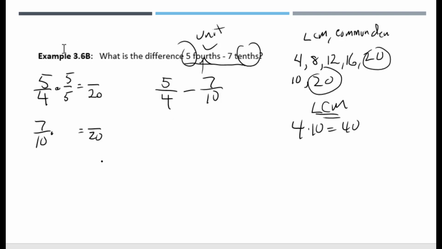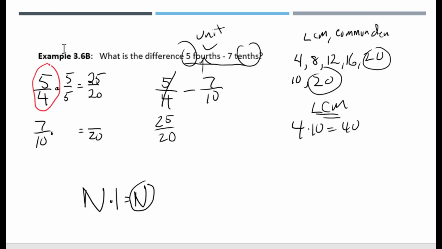All I'm doing here is taking a number, multiplying it by 1, getting the same number back, but of the form that I want. So that's 25/20ths. Because they're the same number, right? Can't emphasize that enough. That number and that number are the same numbers.